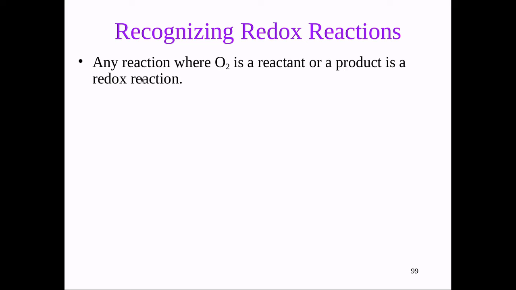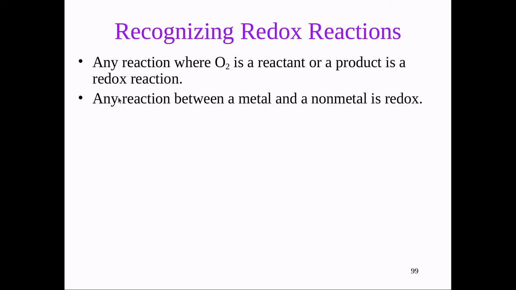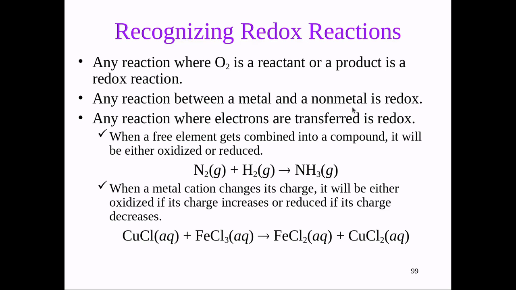So let's talk about the things that are going to help us recognize a redox reaction. Any reaction where O2 is a reactant or a product is a redox reaction because it's a combustion reaction, and combustion reactions are all redox reactions, right? Any reaction between a metal and a non-metal, where we're going to form those ionic compounds, is a redox reaction. And any reaction in general where electrons are transferred.